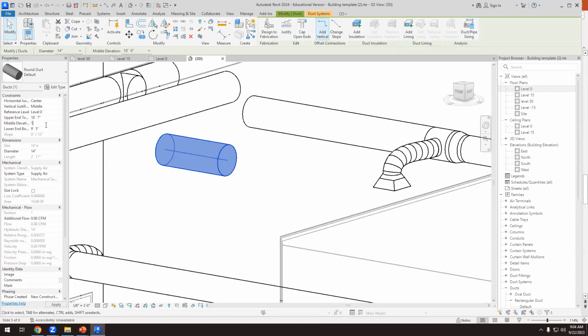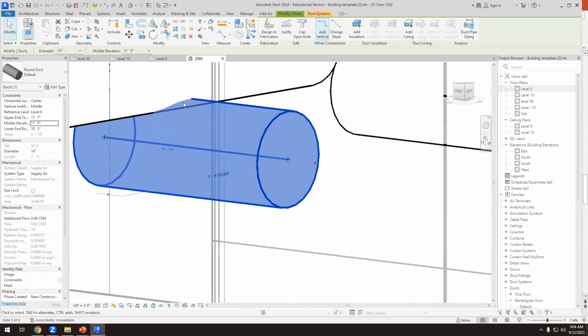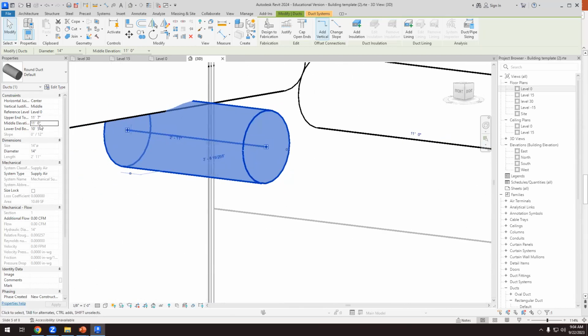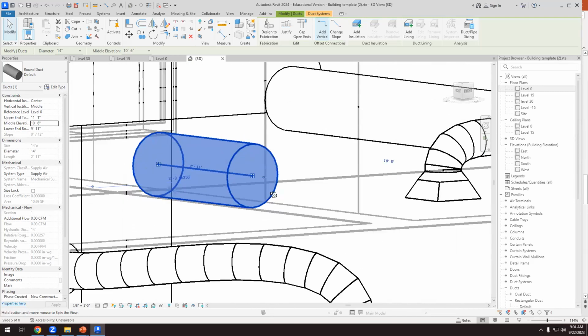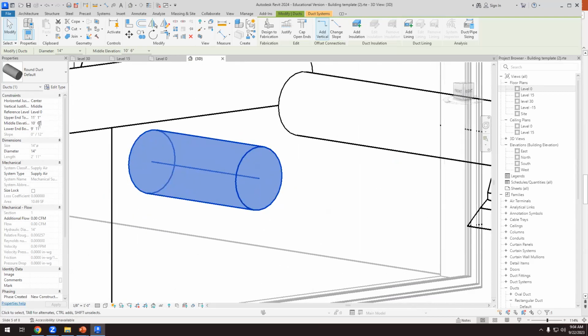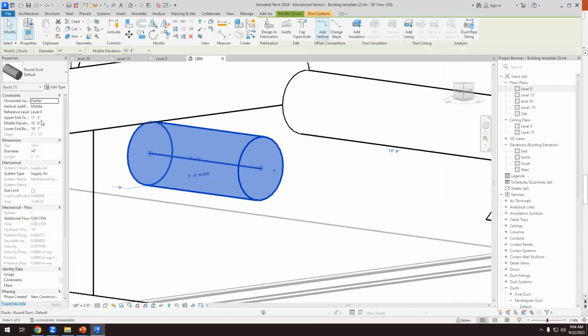So I think if I make the middle elevation 11, you see that there's an intersection here, so this can't happen. So it has to be 10 feet and 6 inches. Okay, with 10 feet and 6 inches, it works. Does it work with 10 and 8? It works. Does it work with 10 and 10?